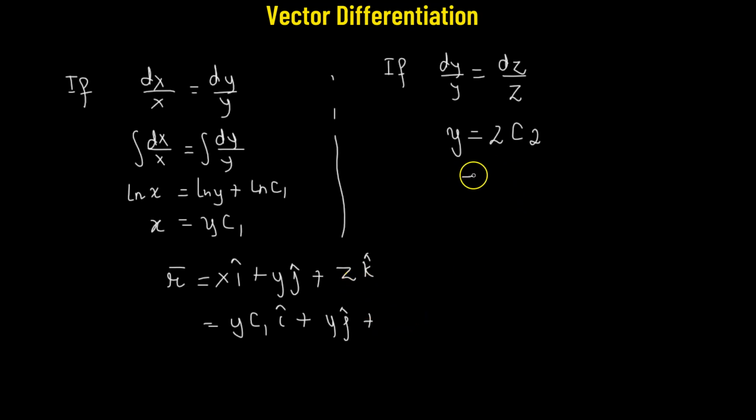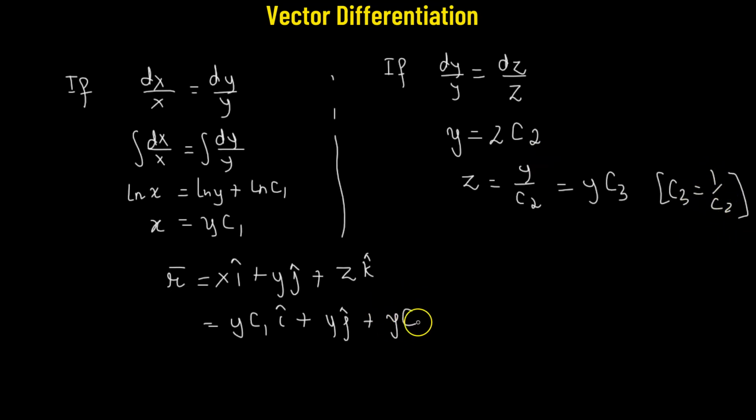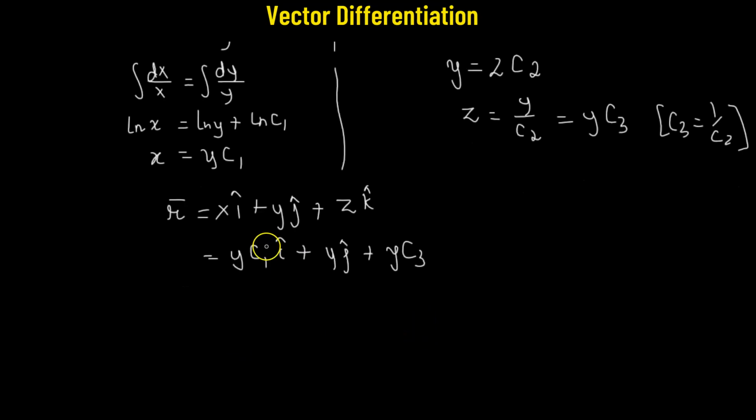Here we can also rewrite it as z equals y over c2, or let's call it y c3, where c3 equals 1 over c2. So z becomes y times c3. The only reason we are doing this is so that we can take y as the common factor. So we have y times (c1 i cap plus j cap plus c3 k cap). There is a k cap that I had missed. So this is our vector r.